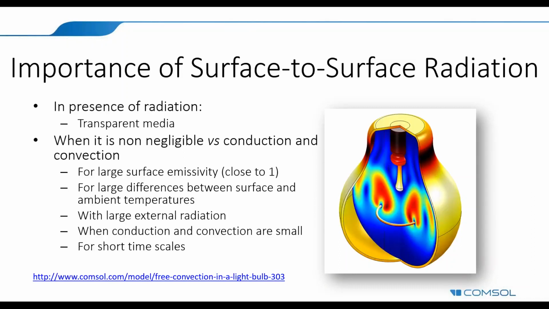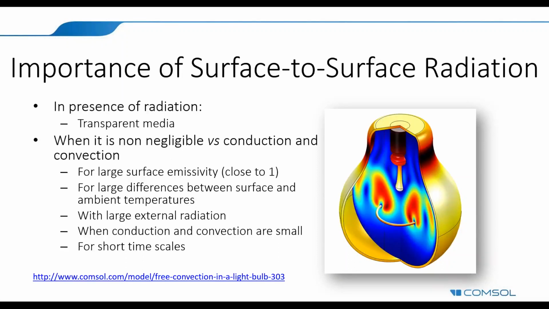Then, radiation is important when it's large compared to conduction and convection. To get into more detail, this is related to the surface property. So when the surface emissivity is large, it is a quantity between 0 and 1. When it's close to 1, it indicates that the behavior of the surface is close to a black surface, so it's emitting the maximum that is possible.